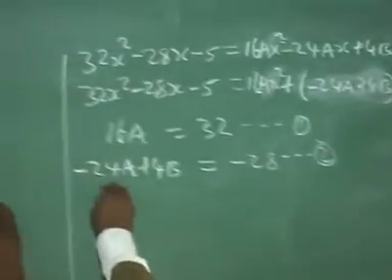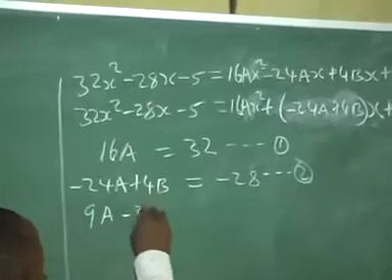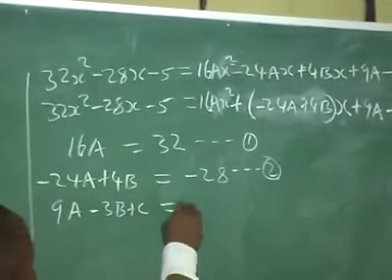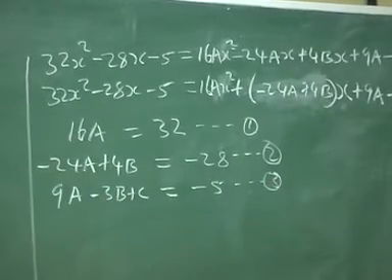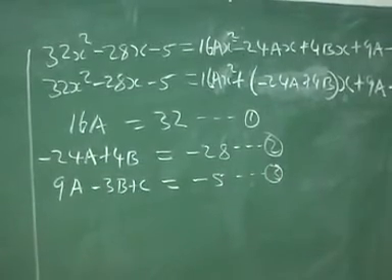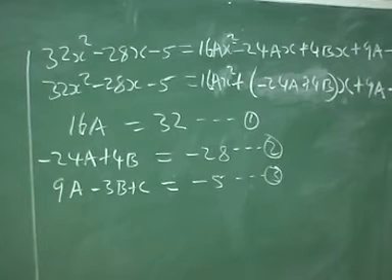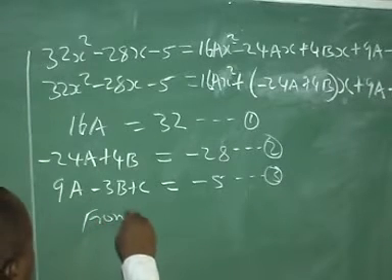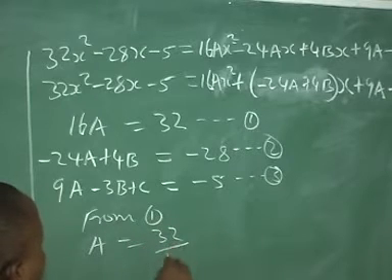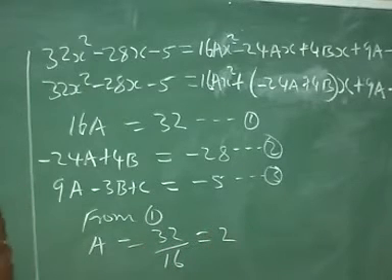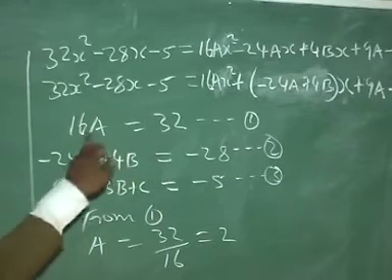Then for the constants, we have that 9a minus 3b plus c is equal to minus 5. So we have three equations. From 1, we know that a will be equal to 32 divided by 16, which is 2.